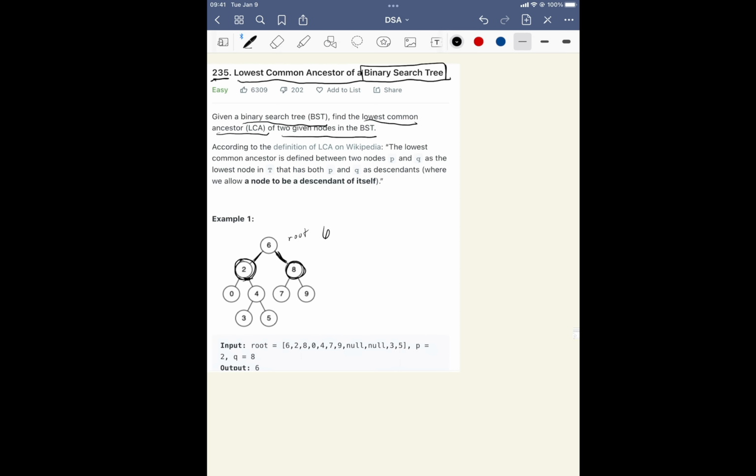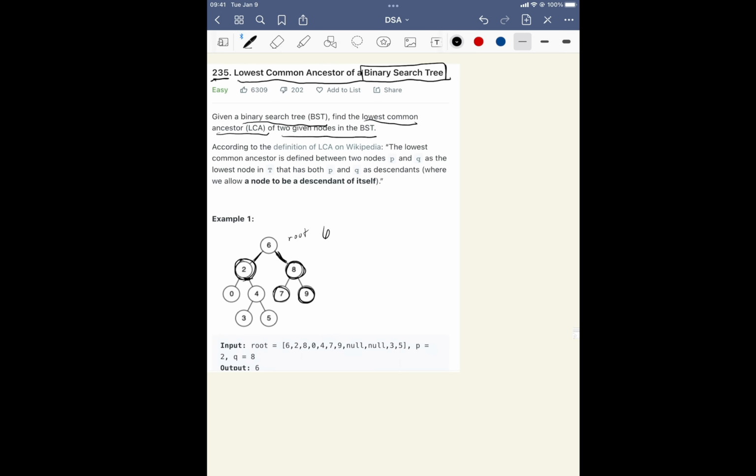So we can see a pattern emerges. What if we were looking for the lowest common ancestor of nodes 7 and 9?